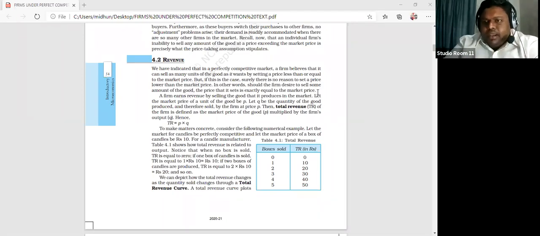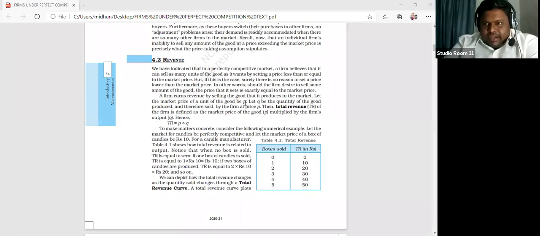The non-competitive market condition is just the opposite of this. A firm earns revenue by selling the good that it produces in the market. Let the market price of a unit of the good be P, the price of the commodity.